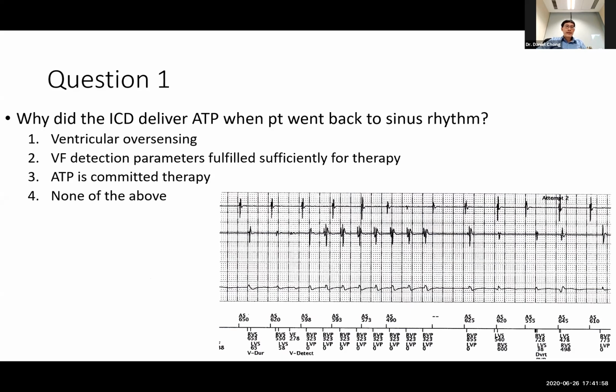So why was the ATP still delivered, even though it seems that the tachycardia has terminated?